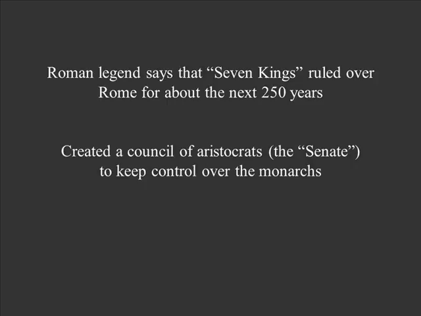So, early Rome is a monarchy, and eventually it will have 7 kings, one after another, that stay on the throne for about 250 years, going into the 500s, and start having problems and revolts and whatnot. But it's not just a monarchy.